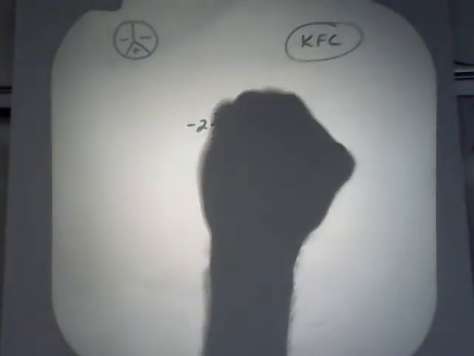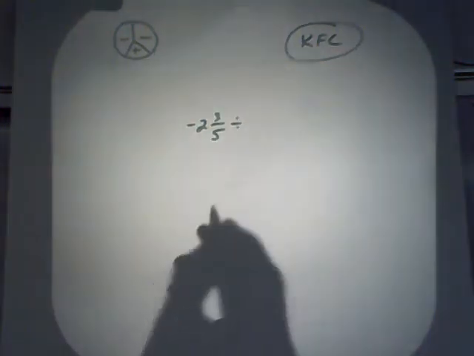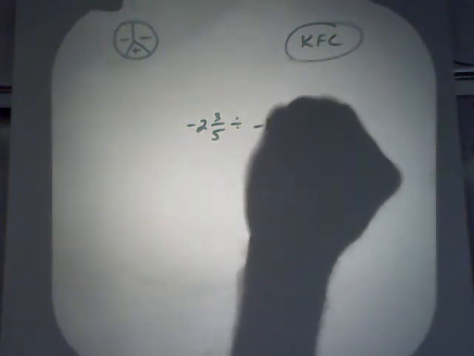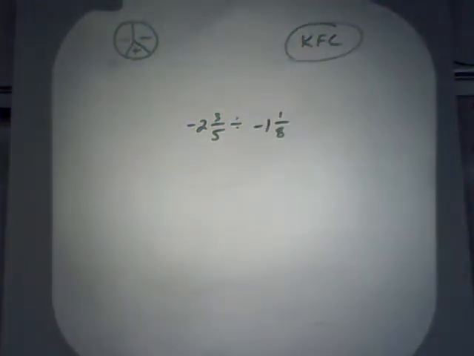All right, I want to do one more just to make sure you got it. Let's go. I'm going to make this one up. Yikes. Always gets scary when I do. Oh well, here we go. Negative 2 and 3/5 divided by negative 1 and 1/8. There we go. That's made up.